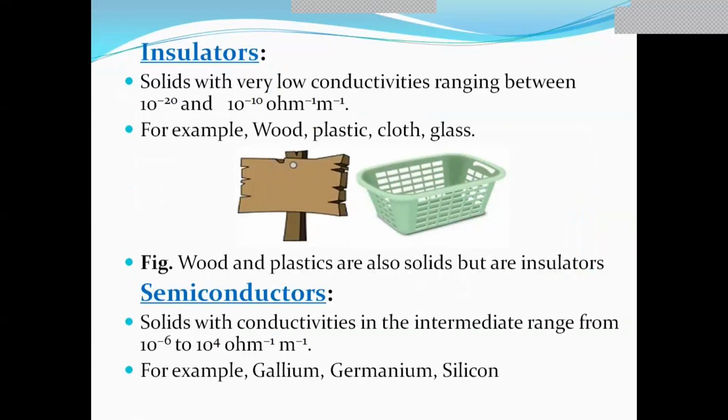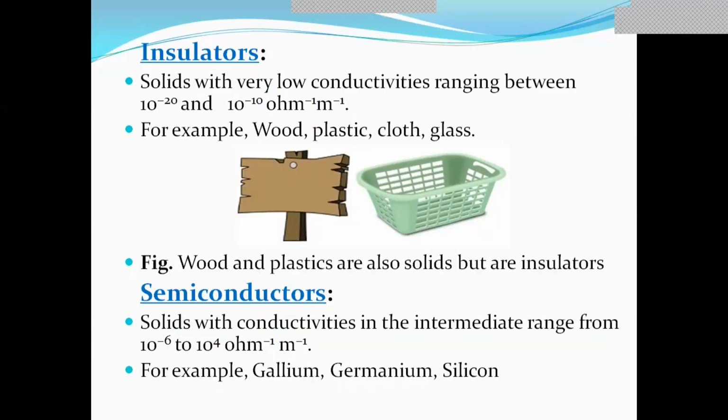Next type is insulators. Those solids which have very low electrical conductivity values are said to be insulators, and they have a range of conductivities from 10 to the power of minus 20 to 10 to the power of minus 10 per ohm per meter.